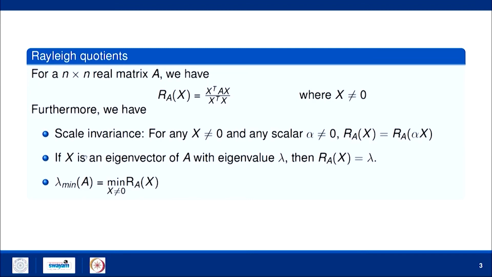Now, if x is an eigenvector of A with eigenvalue lambda, then the Rayleigh quotient of this eigenvector x equals the corresponding eigenvalue lambda. If you take the minimum of the Rayleigh quotient over all non-zero vectors x, the minimum value will be the minimum eigenvalue.